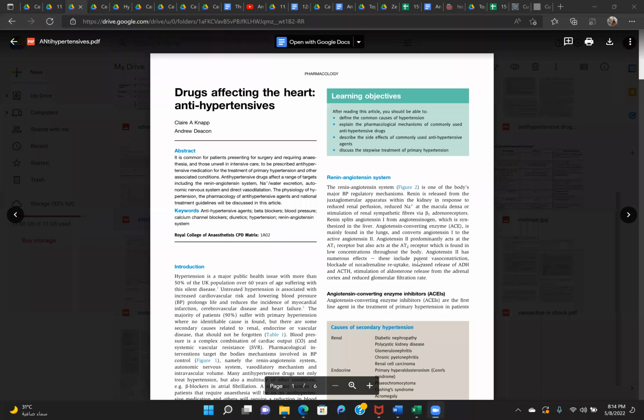Then the renin-angiotensin-aldosterone system also plays a role, due to the reabsorption of sodium and activating the angiotensin system. Okay, so blood volume is increased. So basically there will be a problem related to the systemic vascular resistance, and a problem related to increased blood volume.